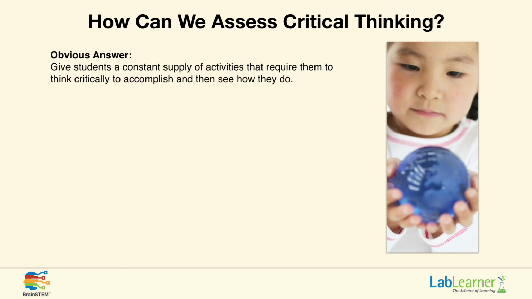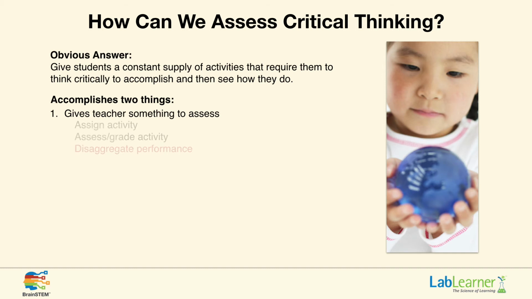Now, this accomplishes two things. It gives the teacher something to assess. Okay, so that's the first thing. That's our point. We need to have some way to assess critical thinking. So essentially the scenario is that you assign some activity where it's very clear that you need to think critically to accomplish it, and then you assess or grade that activity.